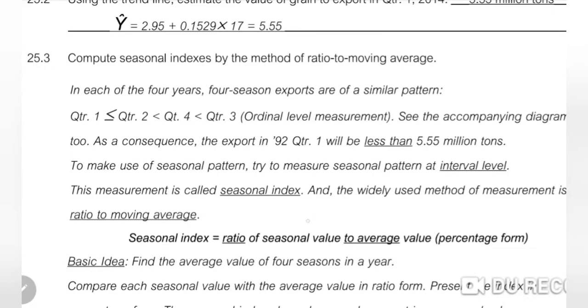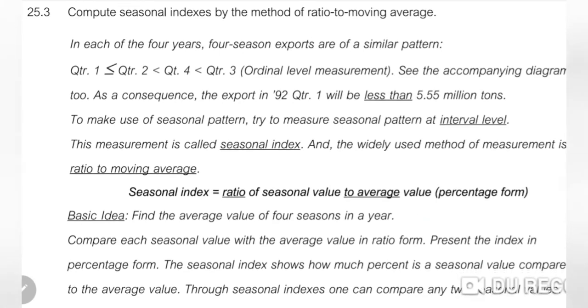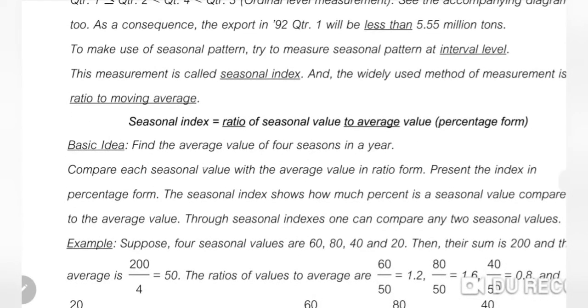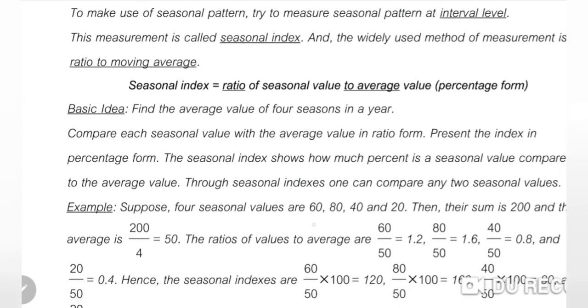The formula is simple. Here, seasonal index is ratio to average. Actually, it is the ratio of each seasonal value to the average value for each season in a year. This is the meaning. The basic idea is very simple. For instance, suppose we know four season values. First season value 60, second 80, third 40, fourth 20.